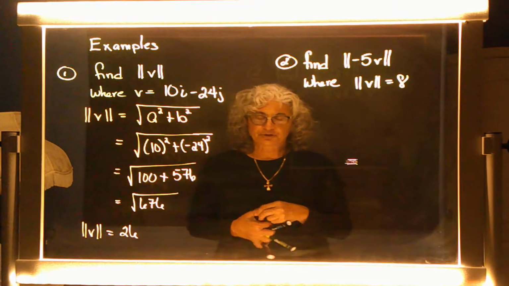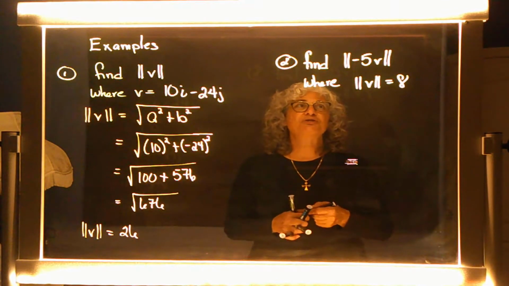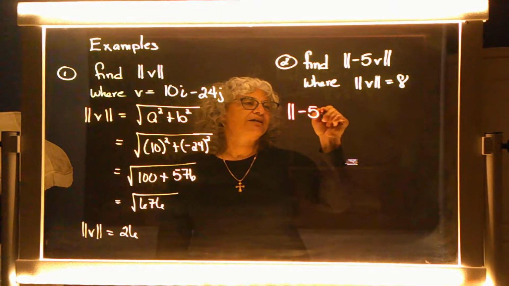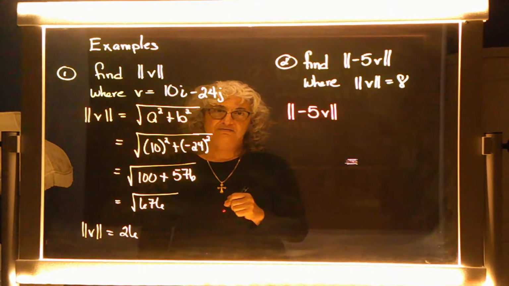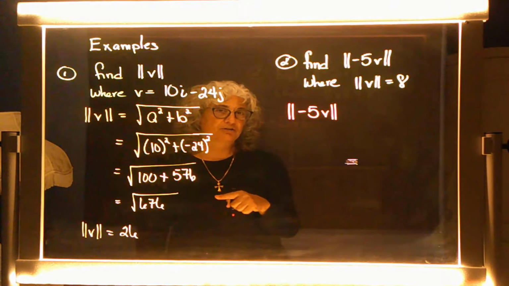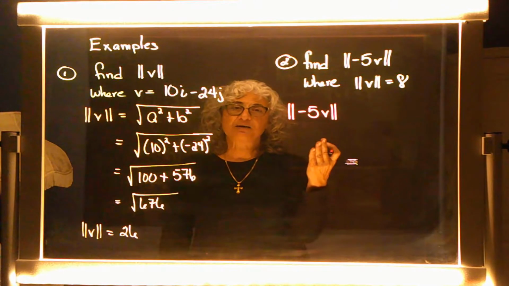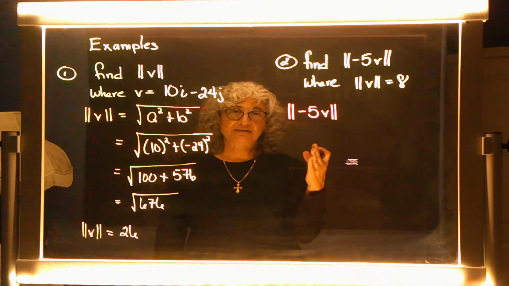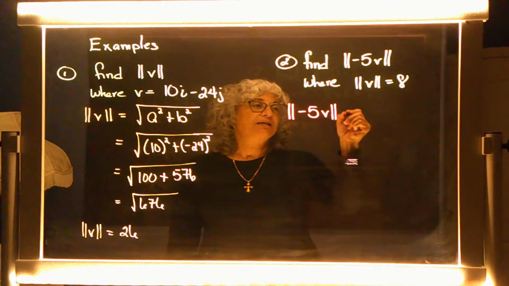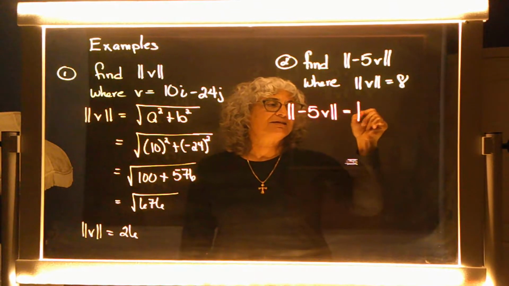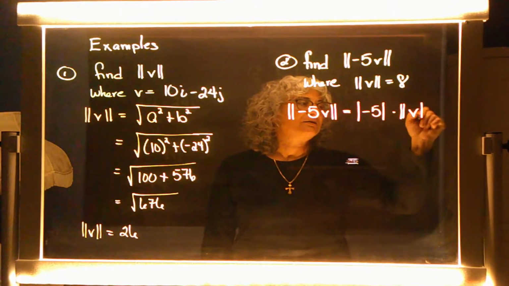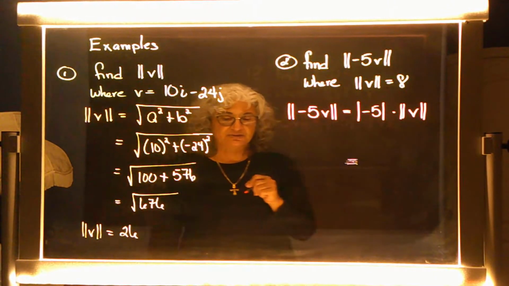All right, let's look at number 2. Number 2 wants me to find the magnitude of negative 5v. Now, if you remember from the properties that we discussed just a little bit ago, negative 5 is a number, right? It's a scalar, yes? Which actually means, based upon one of those properties, I can take the absolute value of that scalar and multiply it by the magnitude of the vector.